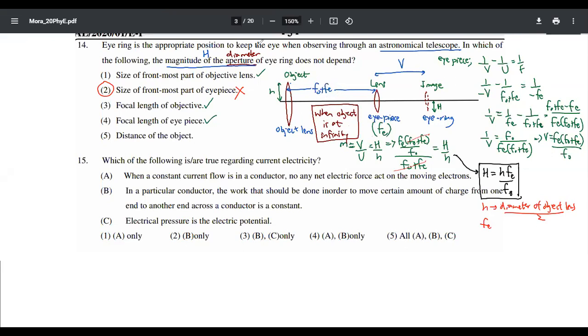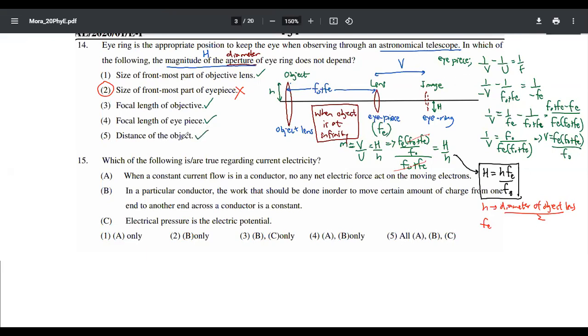Because when the object is at infinity, you get the image formed by the objective lens at its focal point. But if the object is at a finite length, not very far from your telescope, for example, then you can't apply these concepts. So that's why I think it depends on that.